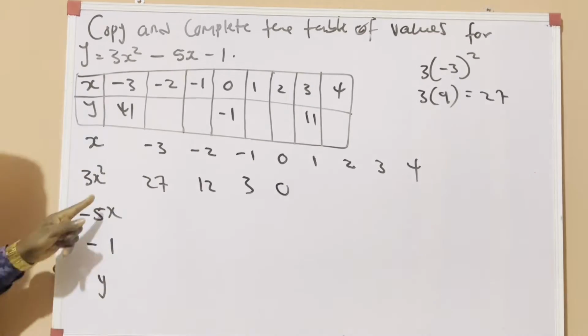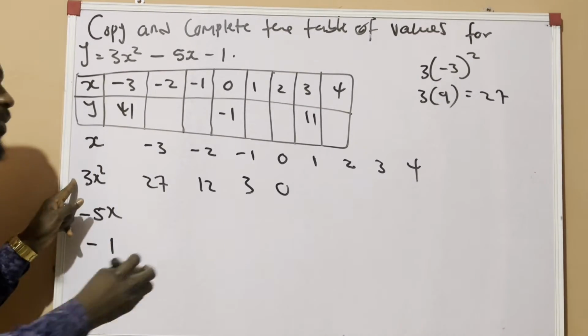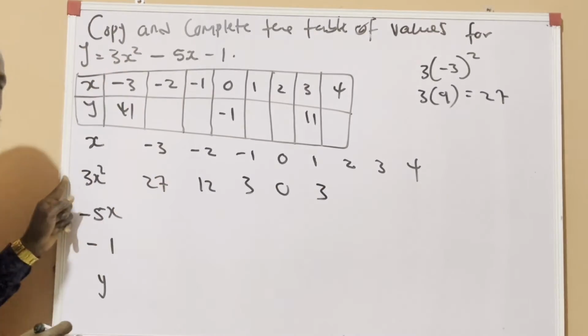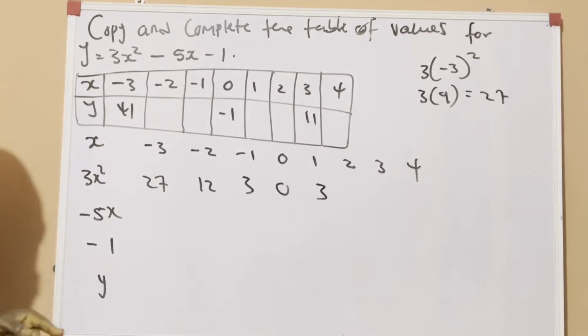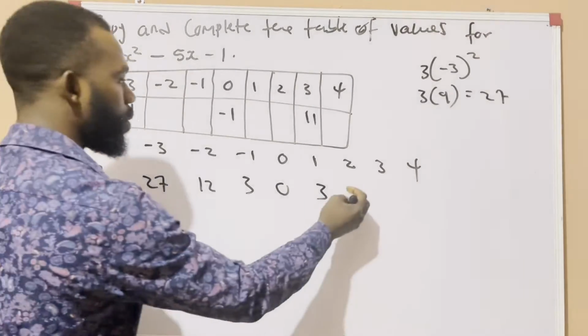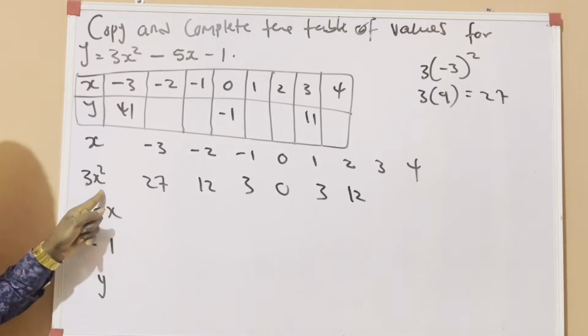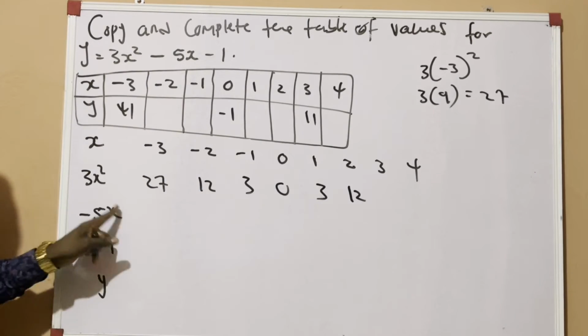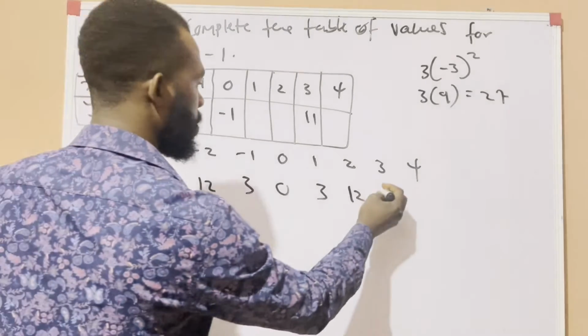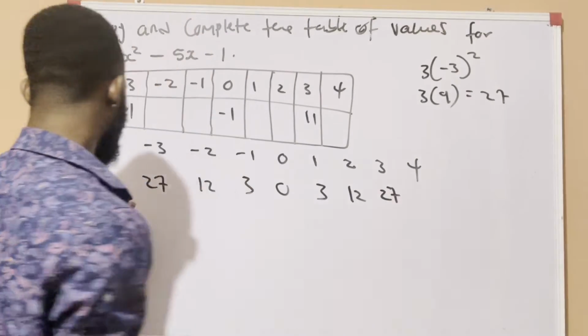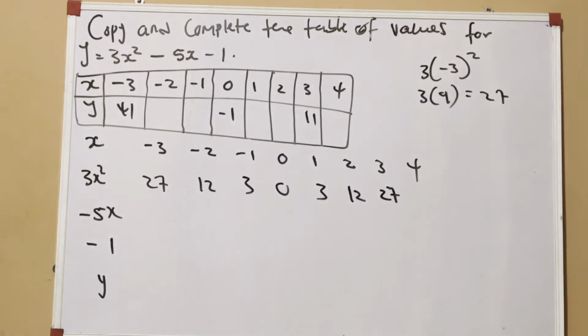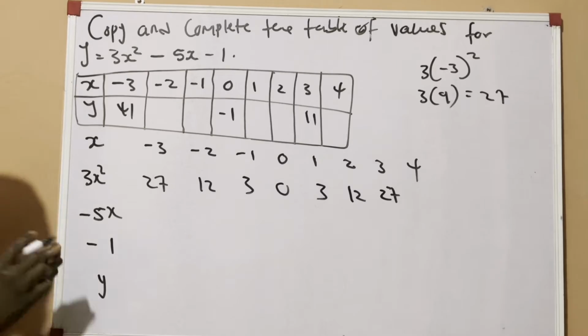Here is 1. 1 raised to power 2 is 1, and 1 times 3 is 3. Again, 2. 2 raised to power 2 is 4, and 4 times 3 is 12. Again, 3. 3 raised to power 2 is 9, and 9 times 3 is 27. Again, 4. 4 raised to power 2 is 16, and 16 times 3 is 48.